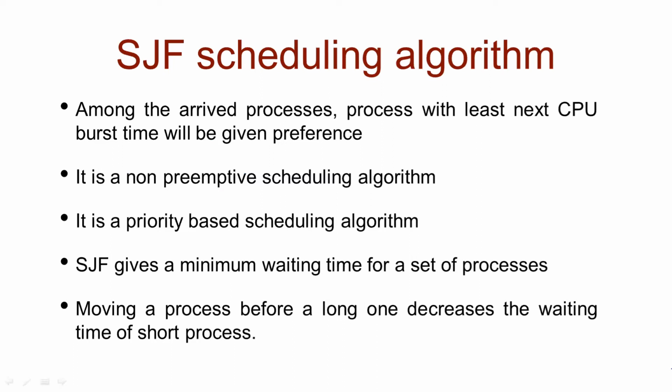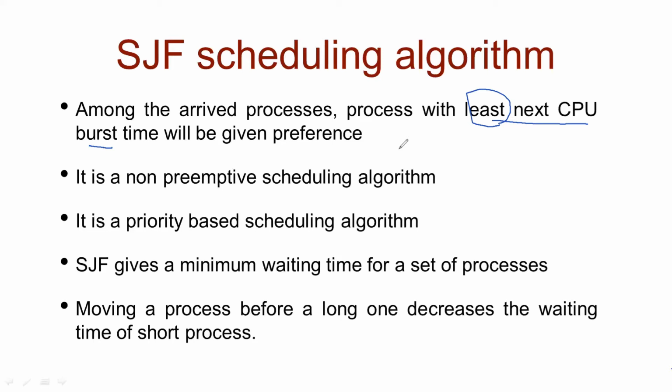Shortest job first, or short form SJF. This algorithm associates with each process its next CPU burst. When the CPU is available, it is assigned to the process which has the least next CPU burst.